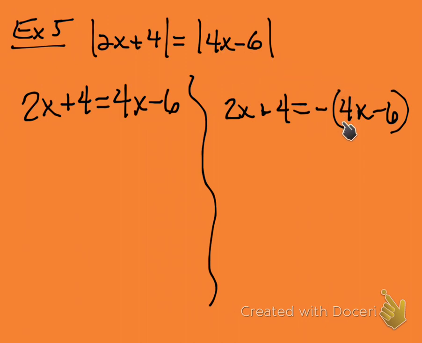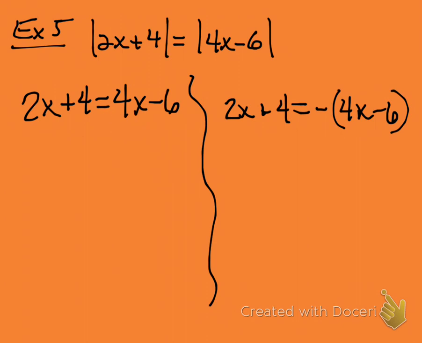So it's going to be a negative 4x and a positive 6. Okay? If I want the opposite of an absolute value, I need to distribute my negative. So here's my first situation.